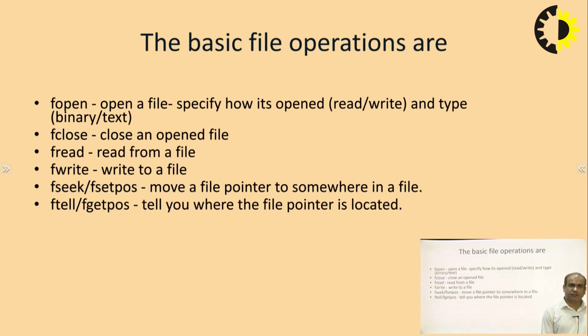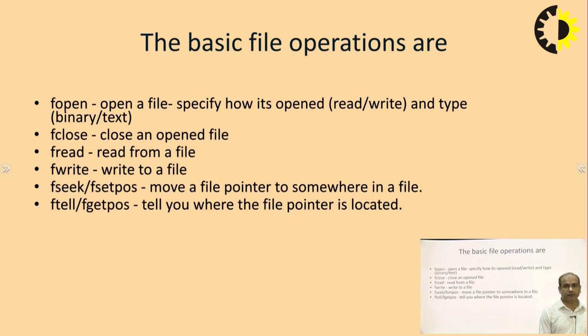The basic operations for files are, first, we will open the file. For that, the fopen function will be used to open a file, which specifies how it is opened for read or write operation and the type of the file. Second is fclose. Once we are done with the file operation, we close the open file.